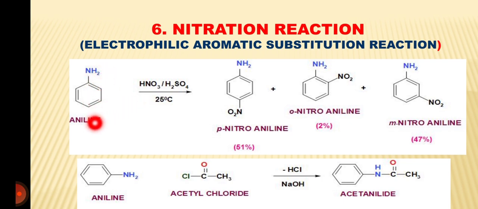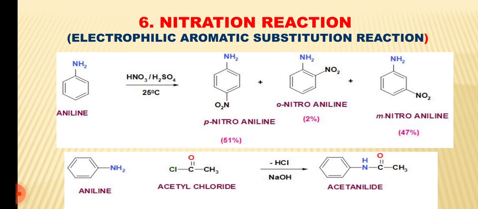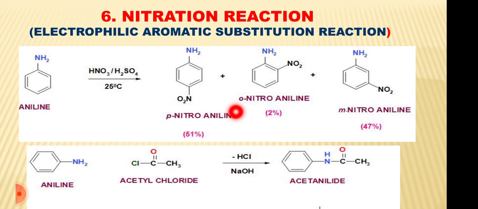For example, aniline on reaction with nitric acid in presence of sulfuric acid at about 25 degrees centigrade gives a mixture of compounds like para-nitroaniline, ortho-nitroaniline and meta-nitroaniline. Dear student, the major product obtained here is the para-nitroaniline. We obtain ortho-nitroaniline to a very little extent, but in major amount we will obtain the meta-nitroaniline also.